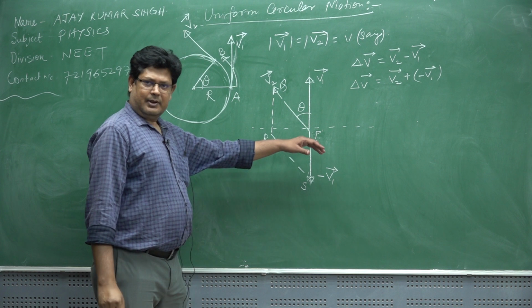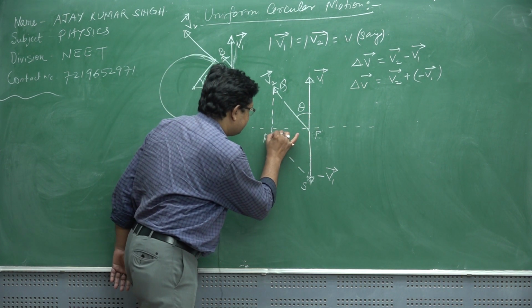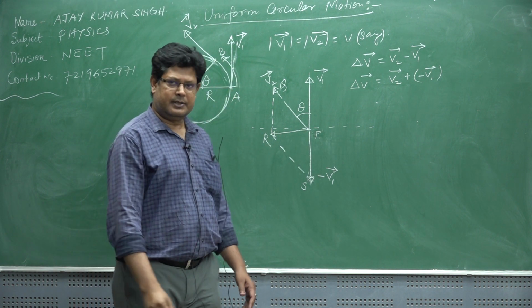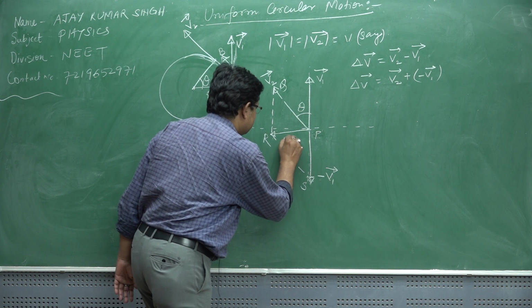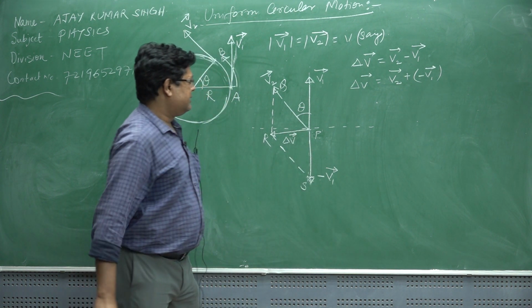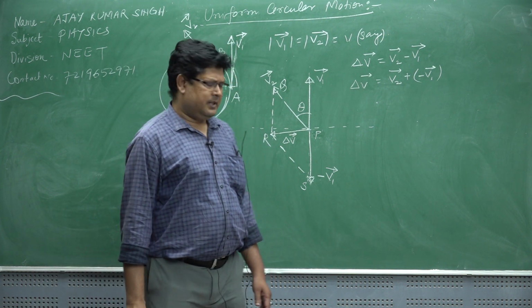So what will be the resultant delta V? Resultant will be this vector. This vector is the resultant vector, right? So this is delta V, right? So how can you define the magnitude of delta V?